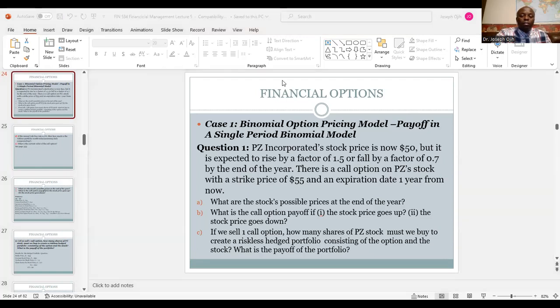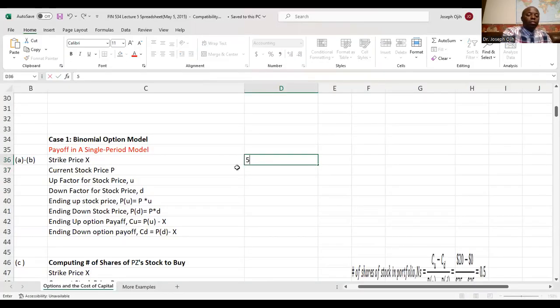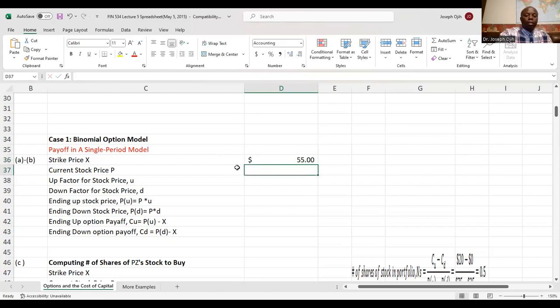Excel. So the strike price X is $55. Okay. And the stock price is $50, according to the question.